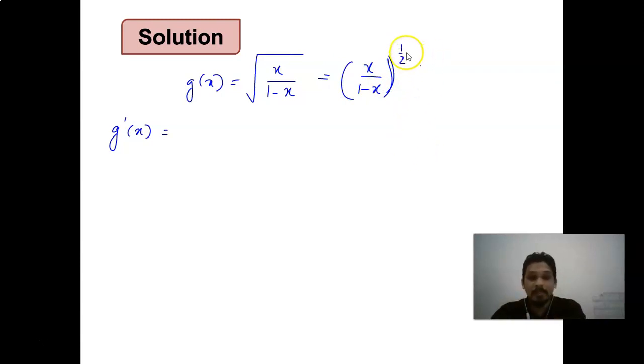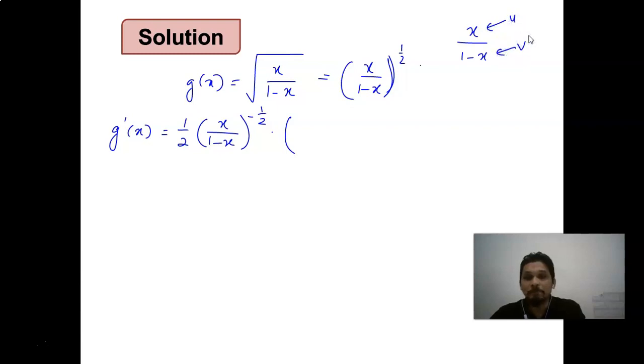So then differentiate this: 1 over 2, x divided by 1 minus x to the power of half minus 1, equals negative 1 over 2, multiplied with, now this is a fraction of x divided by 1 minus x. This is our u and this is our v.